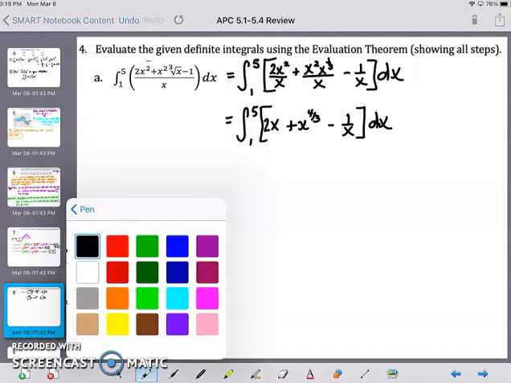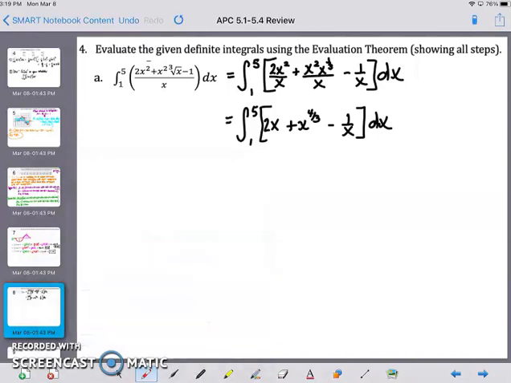So my first term here, when I integrate that, is going to become x squared. The 2 in front will be canceled by the 1/2 that I would multiply by, so that term is just x squared. My second term, if I add 1 to 4/3, that's like adding 3/3 to 4/3, so that term is going to become x to the 7/3 power, and then I have to multiply in the front by the reciprocal, so 3/7.